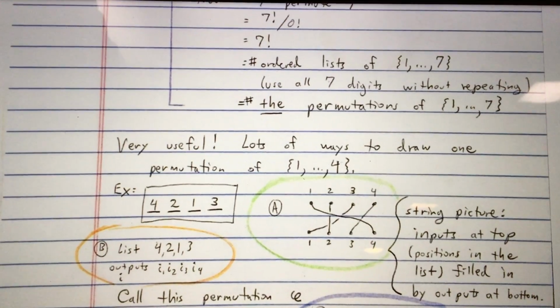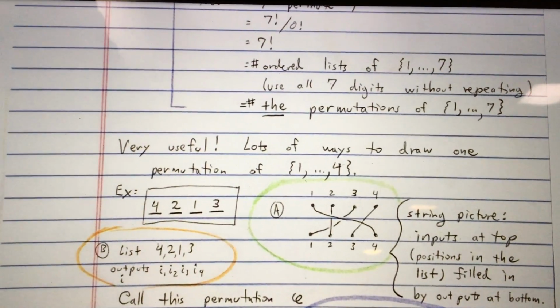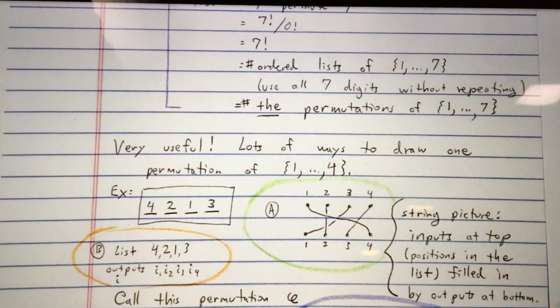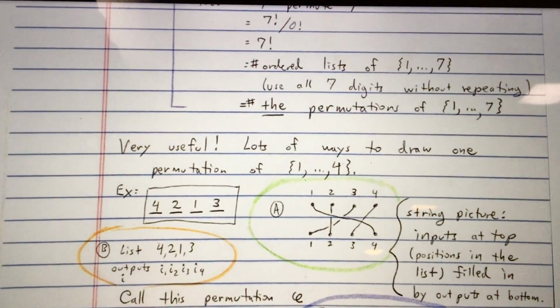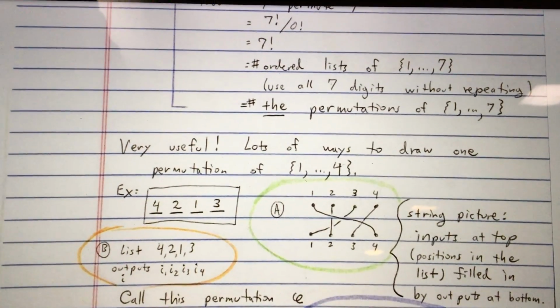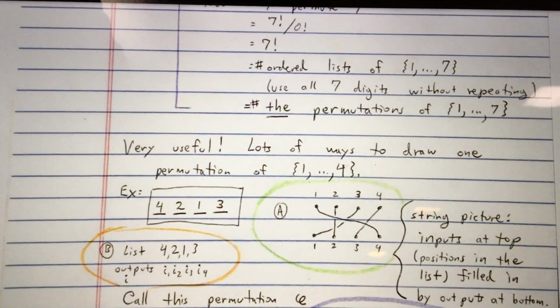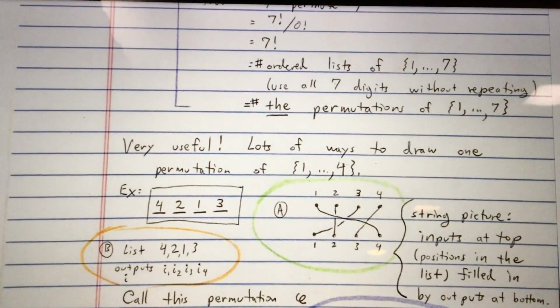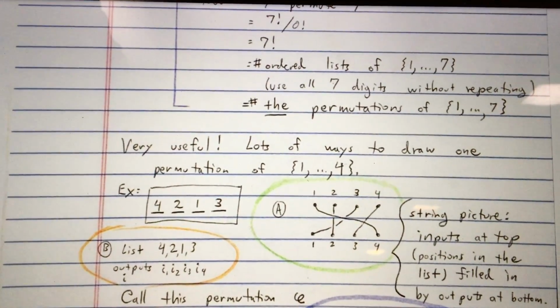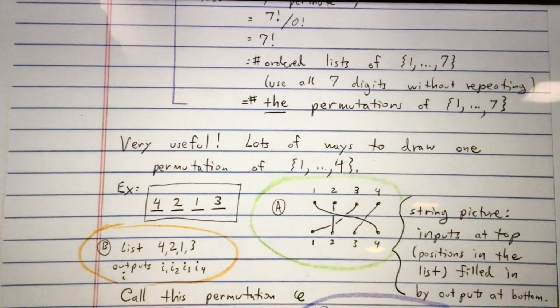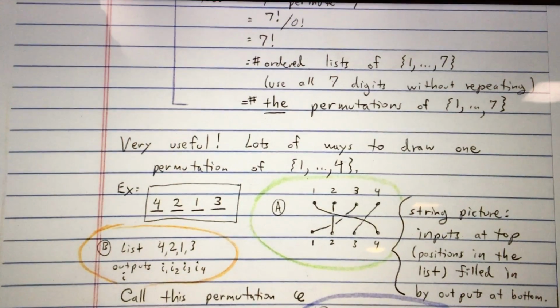Then you fill them in by the outputs at the bottom, 1, 2, 3, 4. And to draw the string picture, you show which output goes in blank 1 by drawing a string from 1 to 4. And then which output goes in blank 2 by drawing a string from 2 to 2 there, and so on. Output for 3 is 1, and the output for 4 is 3.